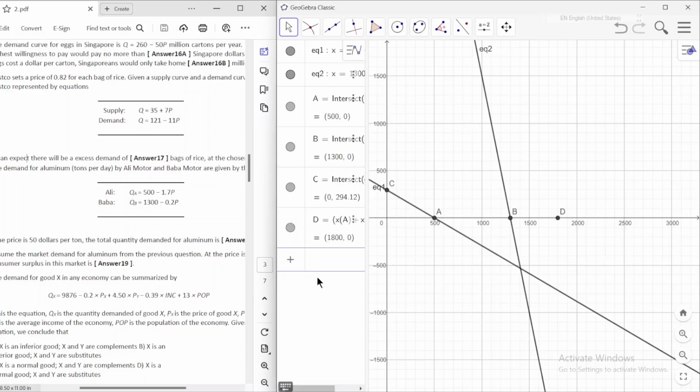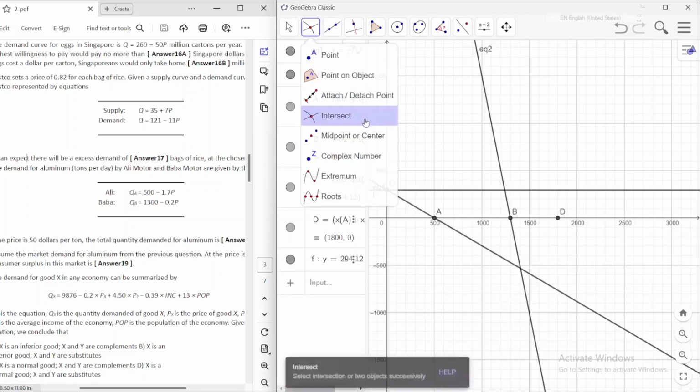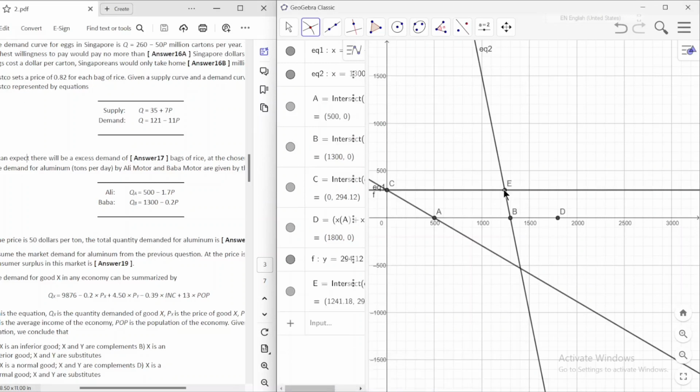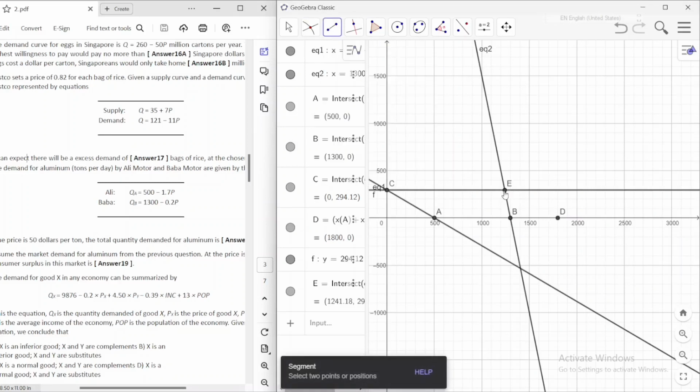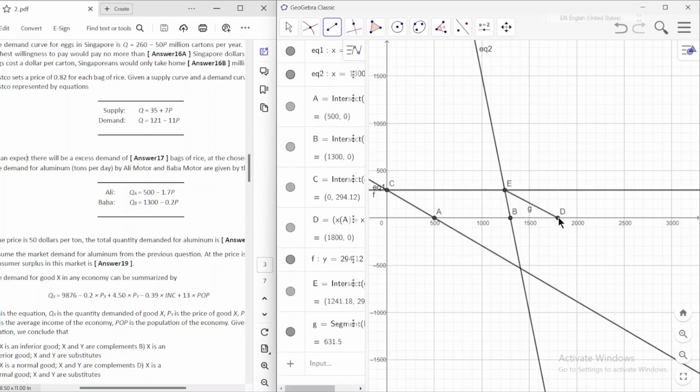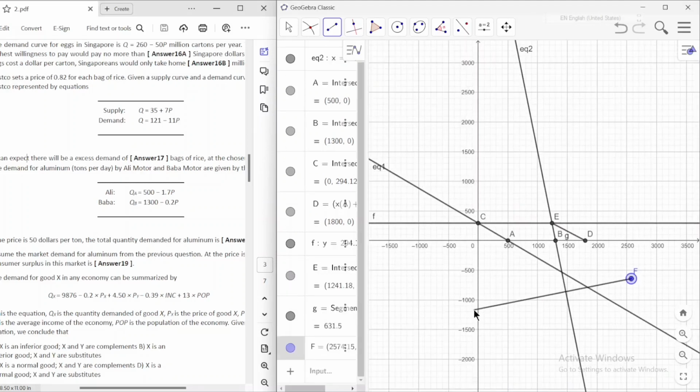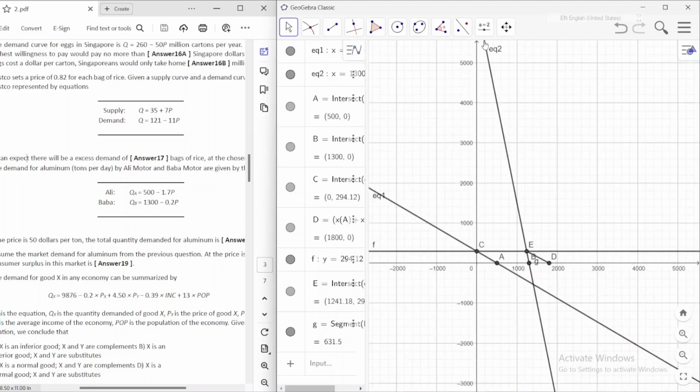Okay, now also you need to draw a horizontal line parallel to x-axis passing through C, that is y equals to y coordinate of C. Okay, now you know this intersection and you can connect by a line segment, this AD, ED. So line segment ED. Okay, so now this whole curve from here to D, ED, this whole is market demand curve.